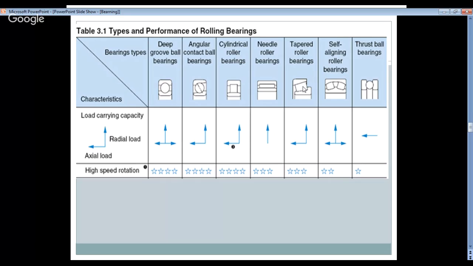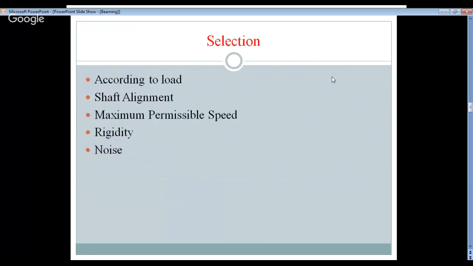Load carrying capacity of taper roller bearing is exactly same as roller bearing, but it can resist axial force in a better way as compared to roller bearing. Next one is self-aligning. In case of design criteria, we have seen that there is a criteria of shaft alignment.